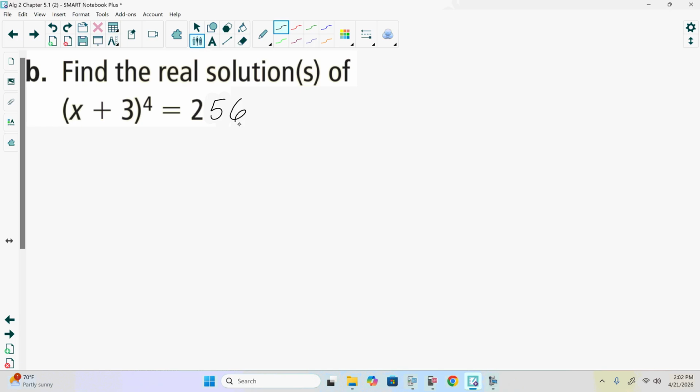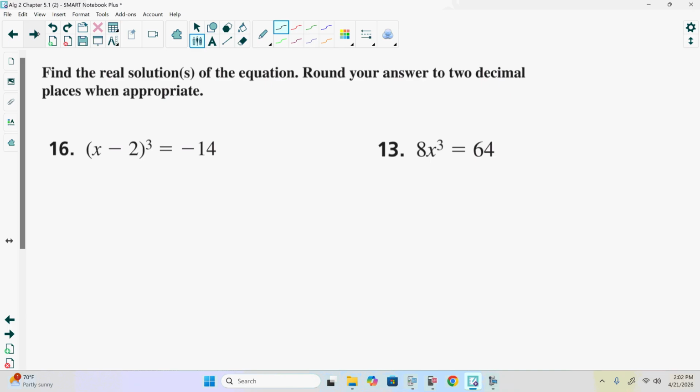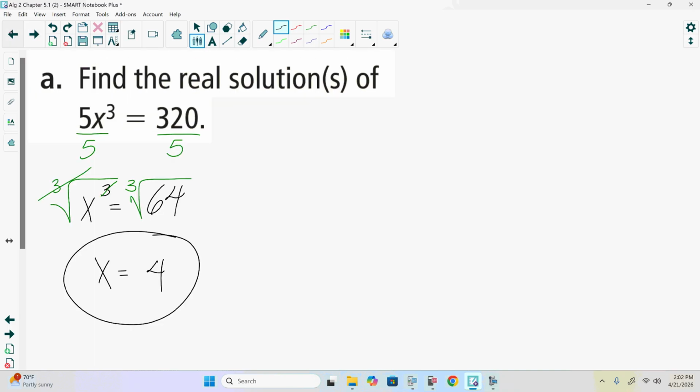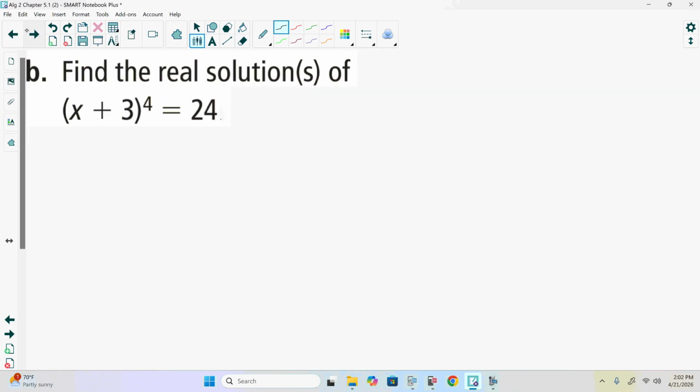X plus 4. Okay. Got it fixed. X plus 4 to the 4th equals 256.